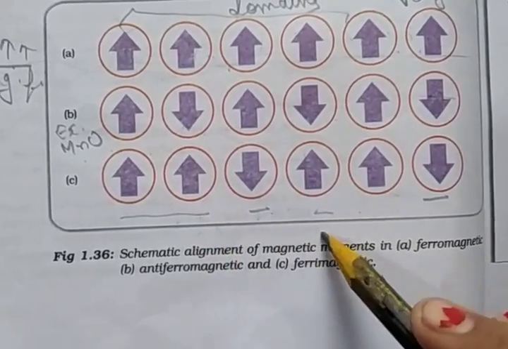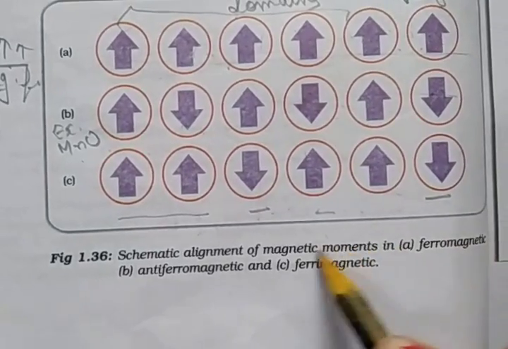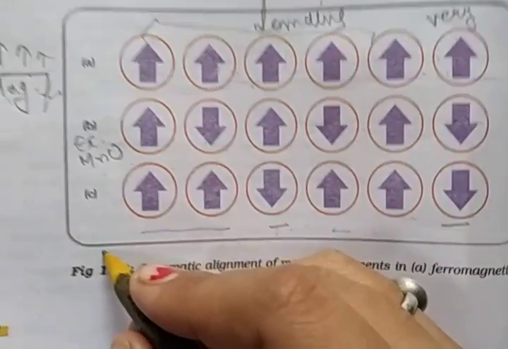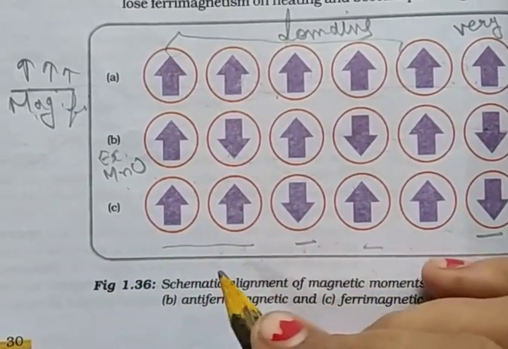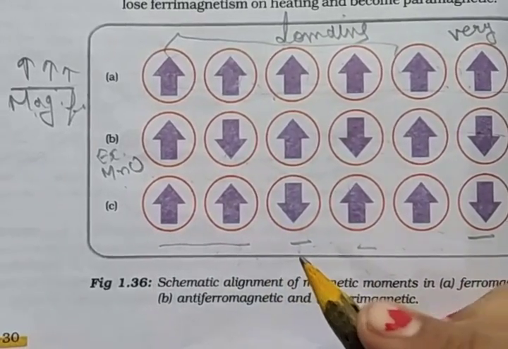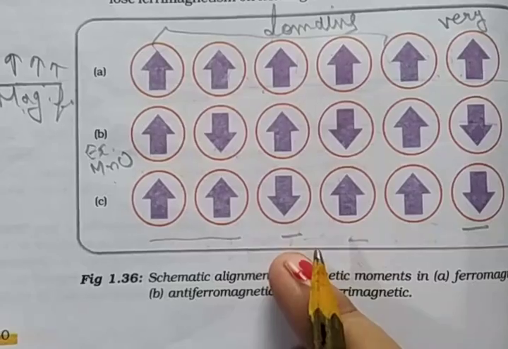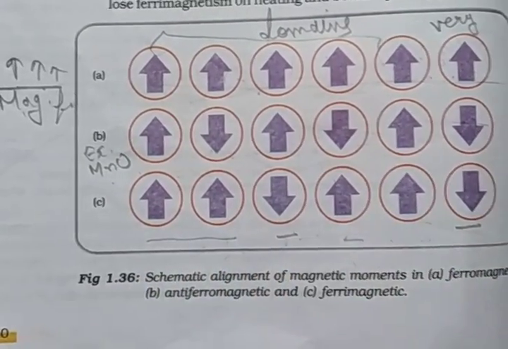So they are weakly attracted by a magnetic field as compared to ferromagnetic substances. Examples are Fe3O4 (magnetite) and ferrites like MgFe2O4 and ZnFe2O4. These substances also lose ferrimagnetism on heating and become paramagnetic.